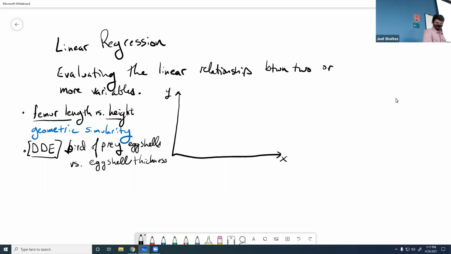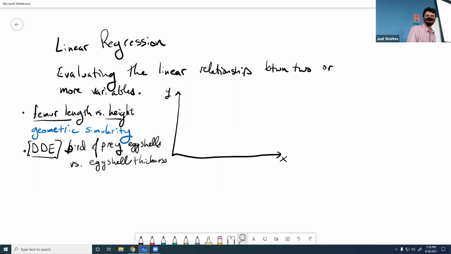You can't prove that the concentration of DDE is thinning the eggshells, although there's probably some toxicity pathway that a biologist could study and find that mechanism. I'm sure it's been studied, since this is Silent Spring from the 60s, so that causal link is well studied. But when we're doing data analysis, often we have these hypotheses and we conduct linear regression to understand initially, is there a correlation? Is there a relationship between something and another thing?